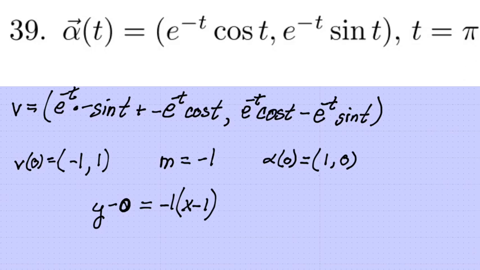How do you get velocity? I took the derivative of each component. So this is the derivative of this.